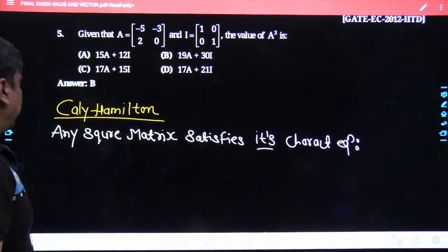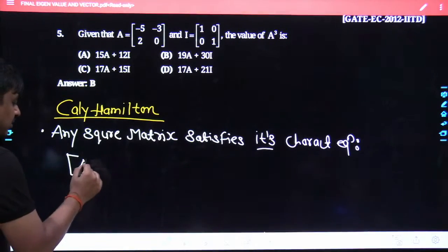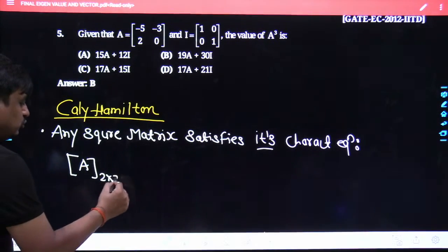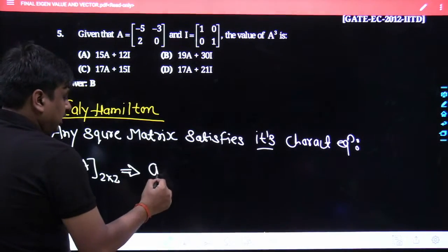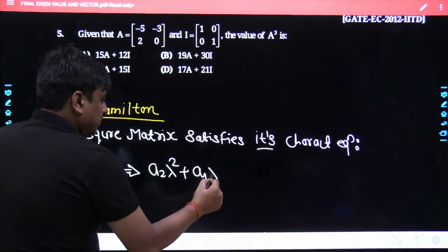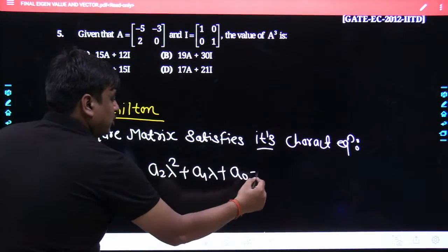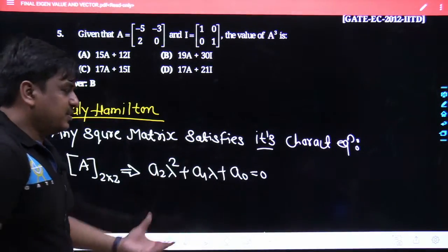Like for any matrix, let's take a matrix of order 2 cross 2. For that, the characteristic equation was found somewhere like a2 lambda square plus a1 lambda plus a naught is equal to 0. So this is nothing but my characteristic equation.